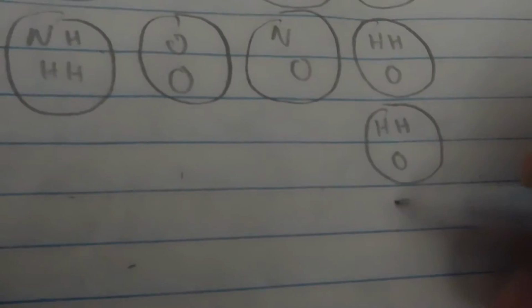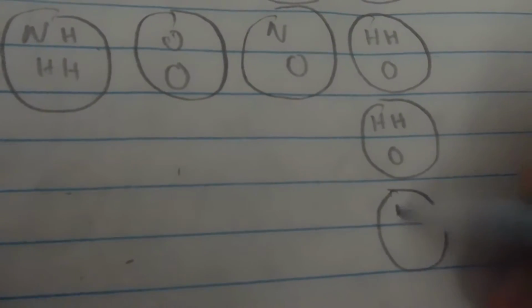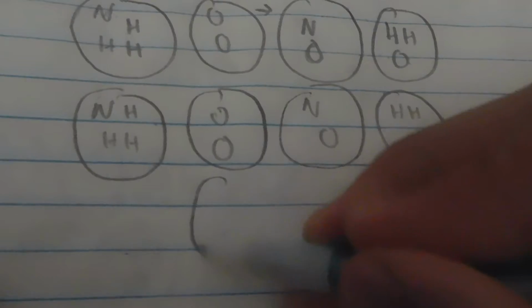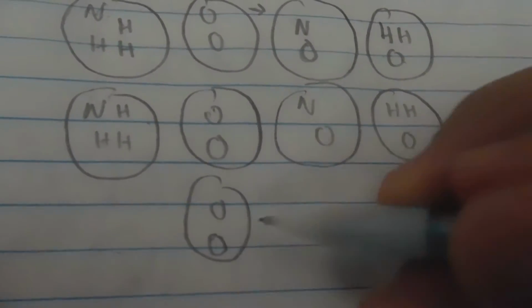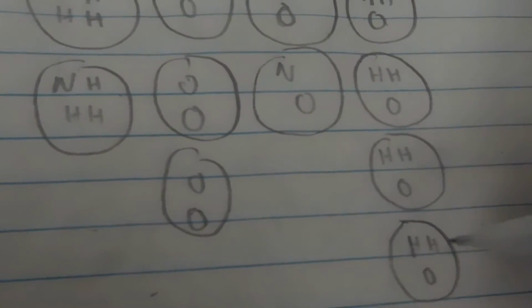So let's add another one of these H2O bubbles. So now we're able to do another 2. But since we just did that, we have to do this again, and so we can add another even number.